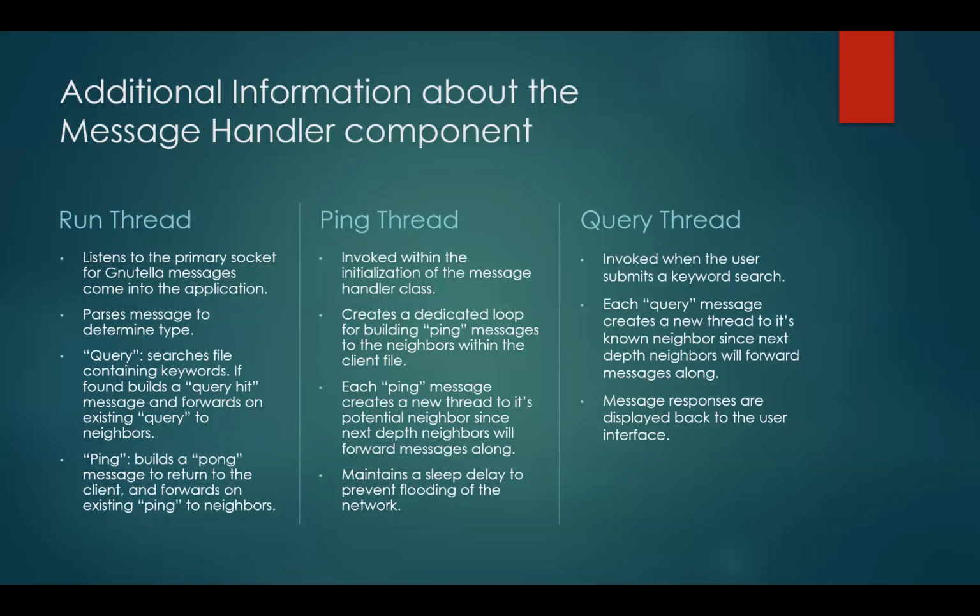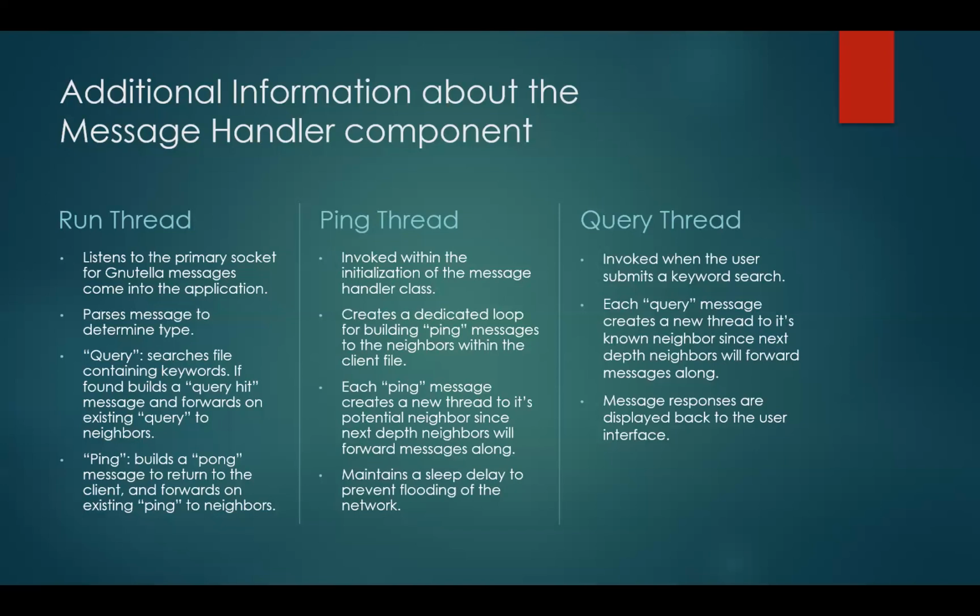For each known neighbor in the list, this message would be sent. At the same time, as each message is sent, a new thread would be created in order to maintain the asynchronous capabilities of outbound messages. Once all neighbors have sent a response back, the ping thread would then invoke a sleep function for a short delay to avoid flooding the network with unnecessary messages.